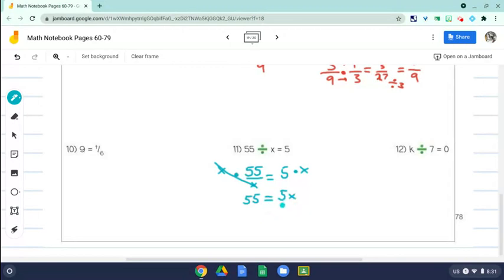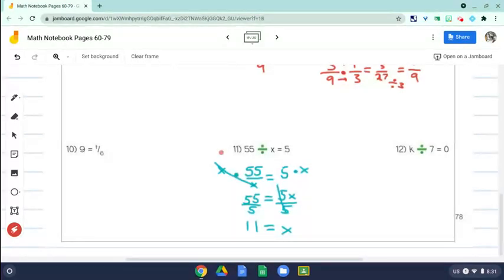Now from here, I can use the division property of equality to divide both sides by 5. 5x divided by 5 is just x by itself. 5 divided by 5 is 1, so we're left with x by itself. And 55 divided by 5 is 11. So x equals 11. So in this case, we had to do things twice. We multiplied both sides by x to get x from one side to the other of the equation, and then we divided by 5 to find that x equals 11.